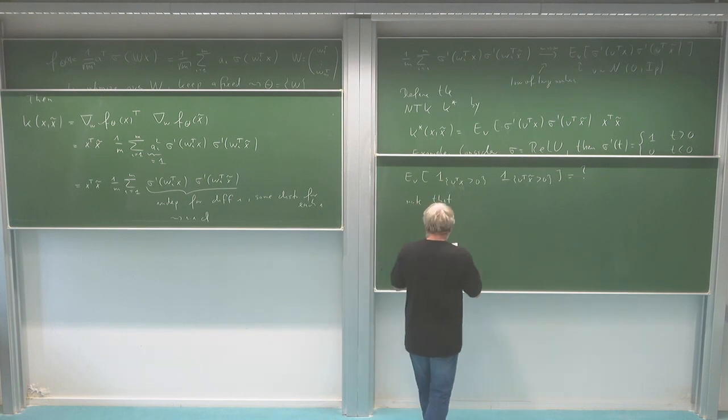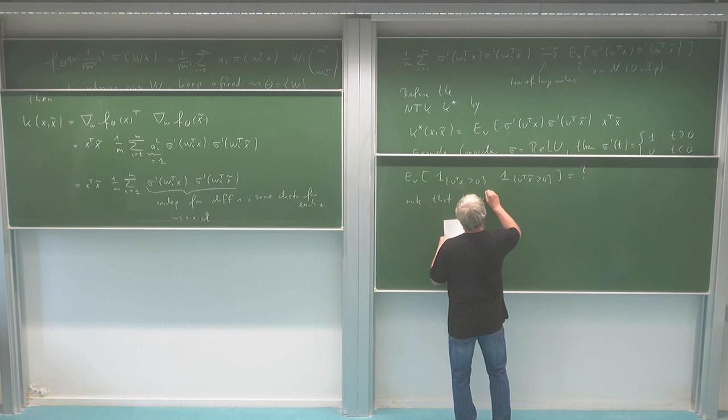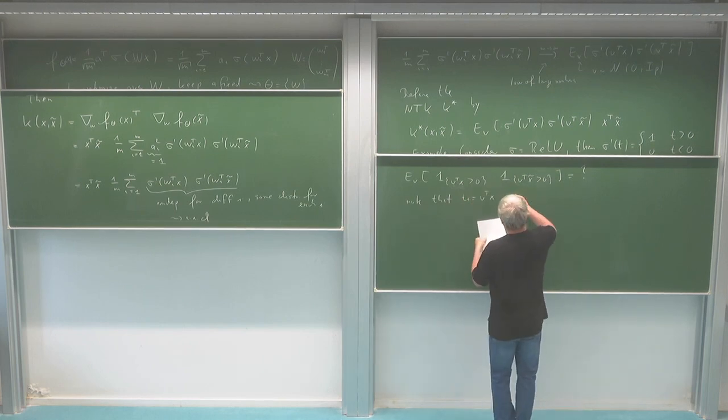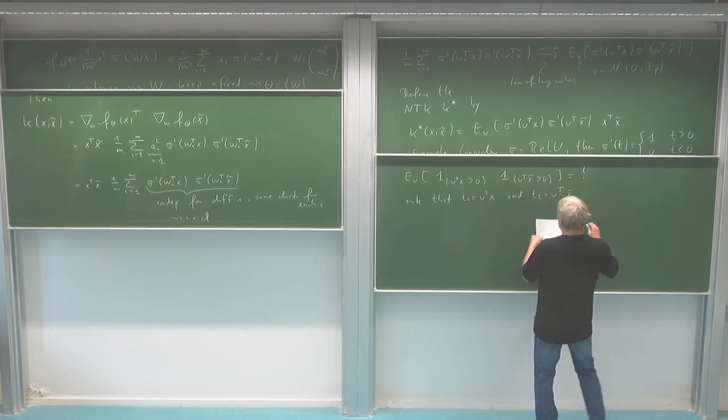So here I get, let's say, T1, this is v transpose times x, and T2, this is v transpose x twiddle.